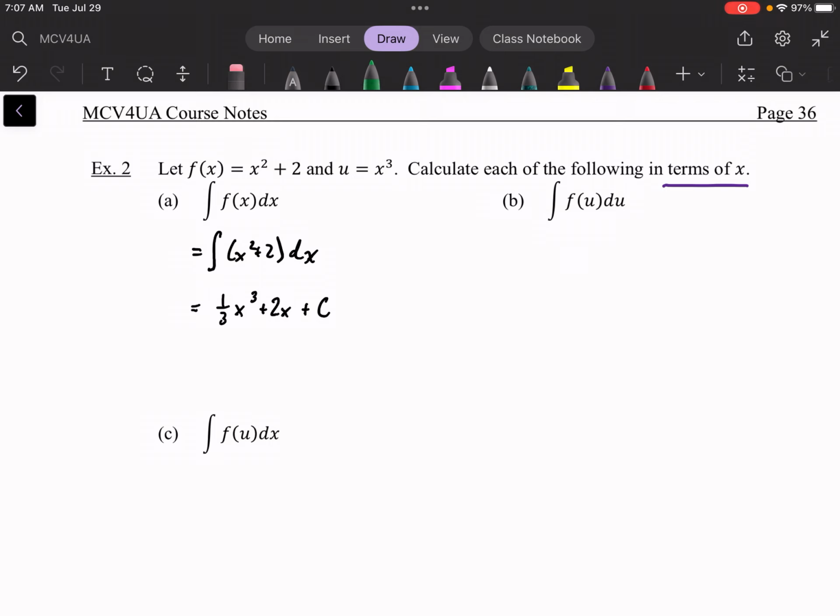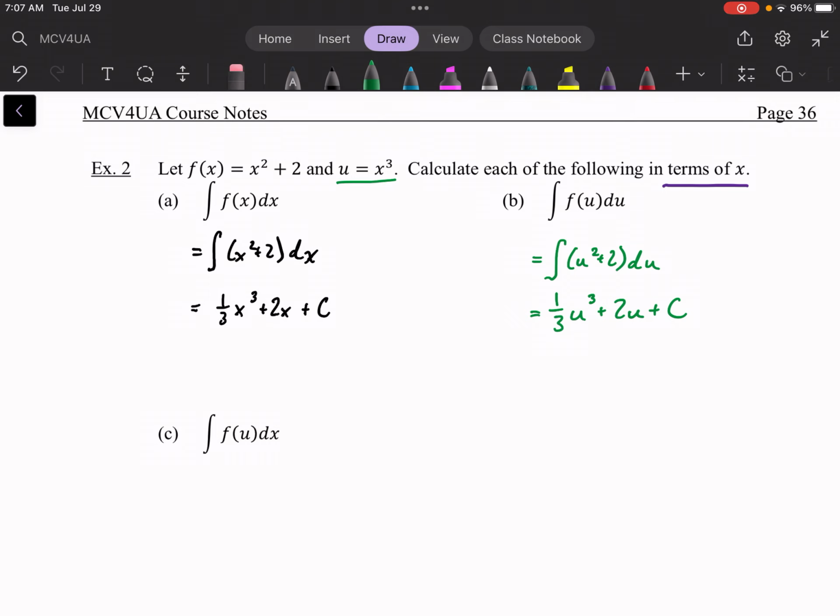Okay, let's try this next one. f of u would be the function u squared plus 2. And again, we're integrating with respect to u, so du. So this would turn out to be, again, 1/3 u cubed plus 2u plus c. Now the only issue is we've got this expression, but it's not in terms of x, so we have to change it in terms of x.